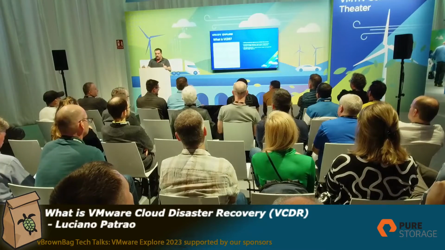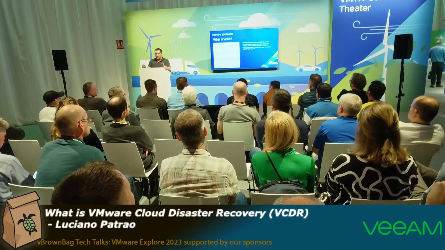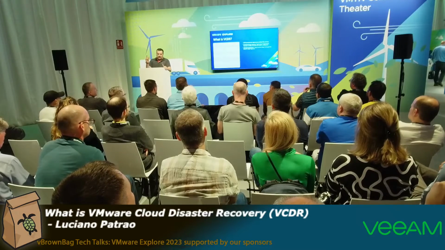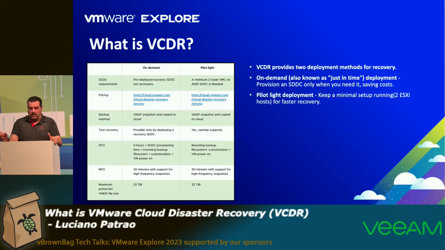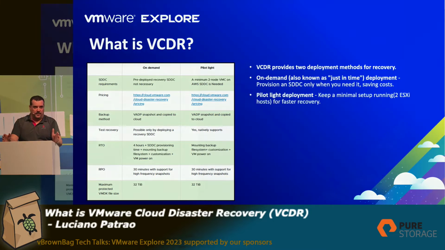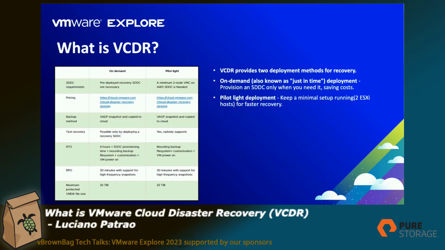Pilot light deployment is a little bit different. You have this SDDC environment always running with a minimum of 2 ESXi hosts for your faster recovery deployments. This is used if you have applications that need to be recovered quickly because your RTOs and RPOs for SLAs are very short.